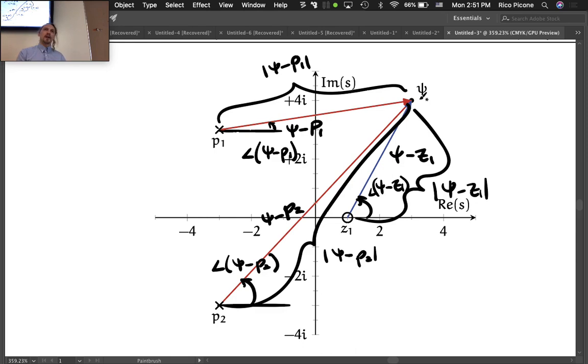We'll use the magnitude and phase criteria to help guide us to know whether this point is on the locus or not. Okay? All right.